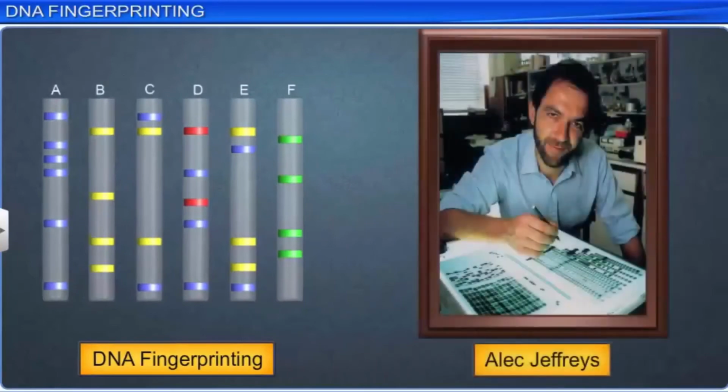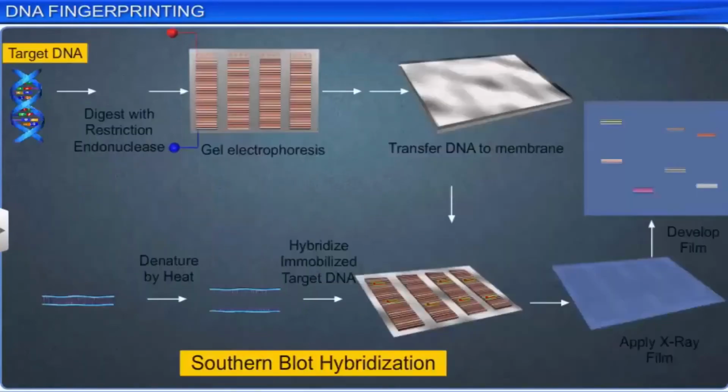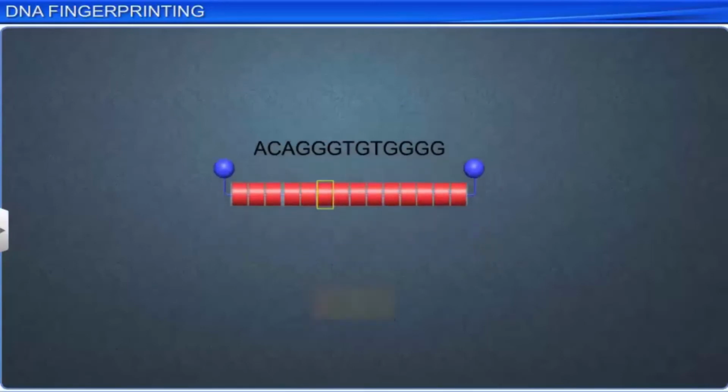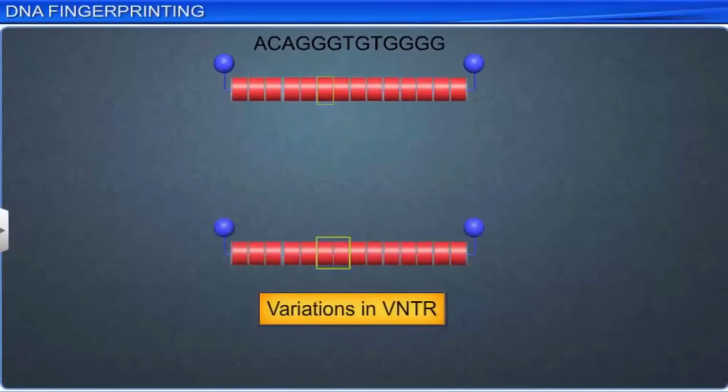This technique involved southern blot hybridization, which used radio-labeled VNTR as a probe. VNTR is a small sequence of DNA arranged tandemly in several copy numbers, which varies from one chromosome to another in an individual. A very high degree of polymorphism is seen in the number of these repeats, due to which the size of the VNTR varies from 0.1 to 20 kilobytes.